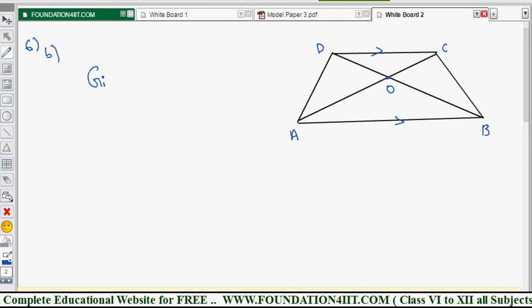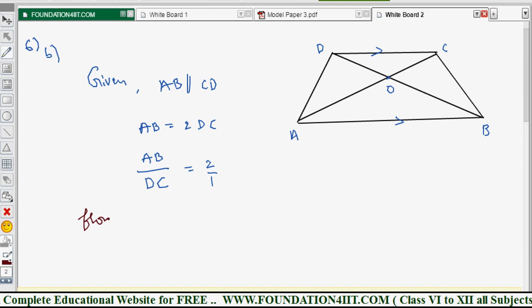So according to the given data, AB is parallel to CD and AB is equal to twice DC, 2 times DC. That means AB by DC is equal to 2 by 1. Okay, let it be.